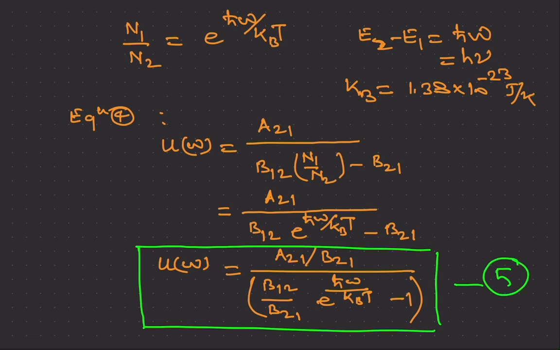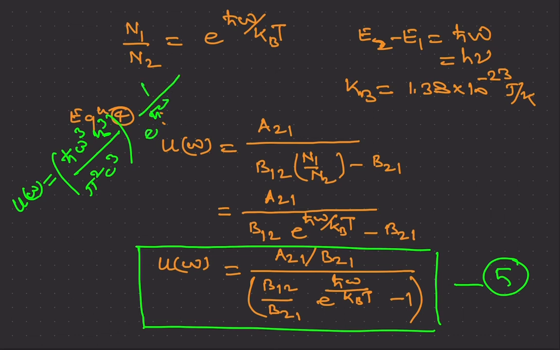Now, according to Planck's law, the radiation energy density per unit frequency interval is given by E omega is equal to h cross omega cube n0 cube divided by pi square c cube into 1 by e to the power h cross omega by kT minus 1.